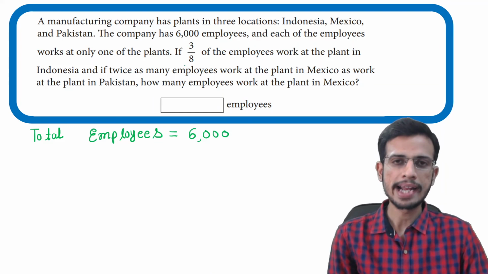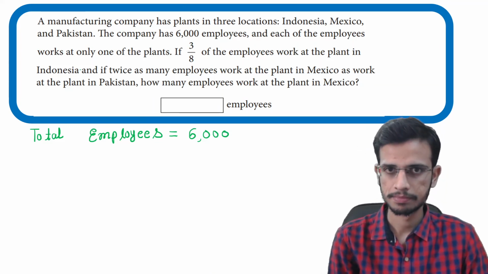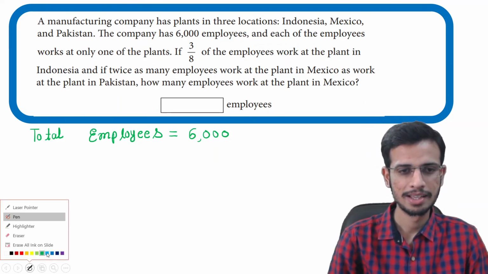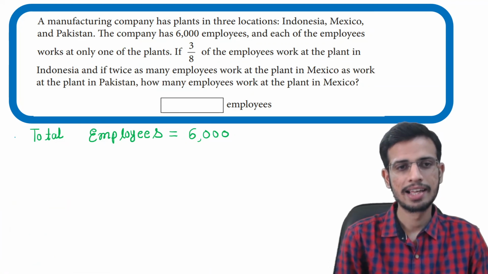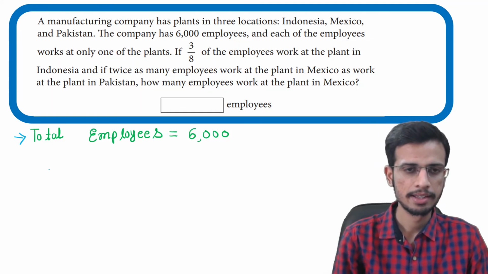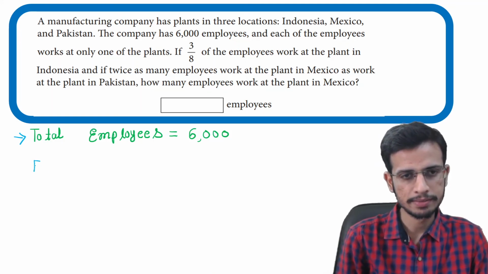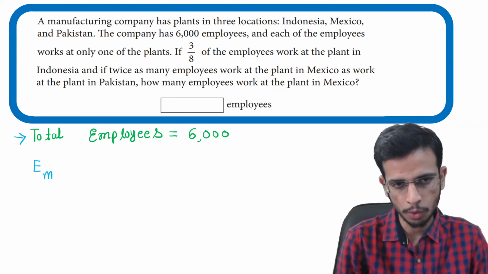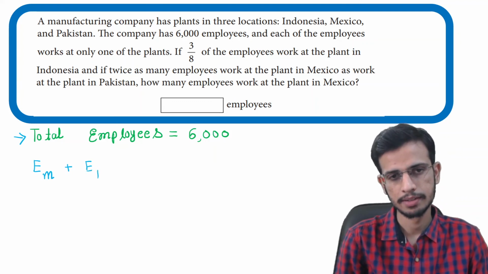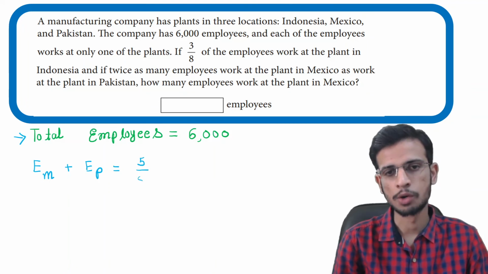So if 3 by 8 of the employees are working in the plant in Indonesia, then the remaining 5 by 8 of 6,000, can we say the employees working in Mexico plus the number of employees working in Pakistan will be equal to 5 by 8 of 6,000?